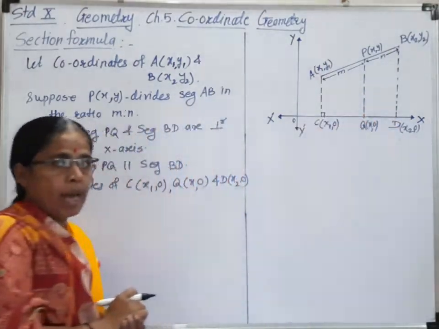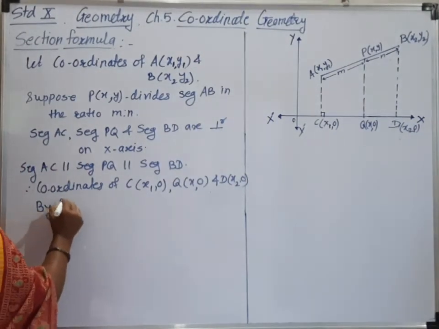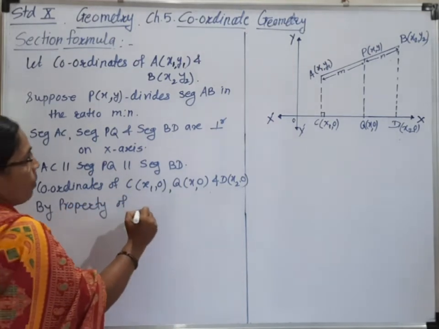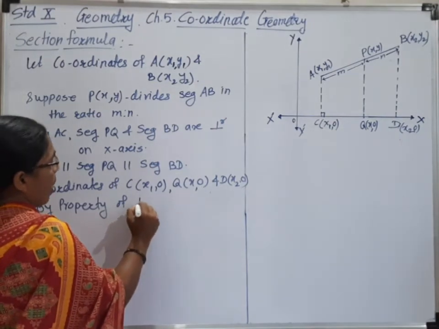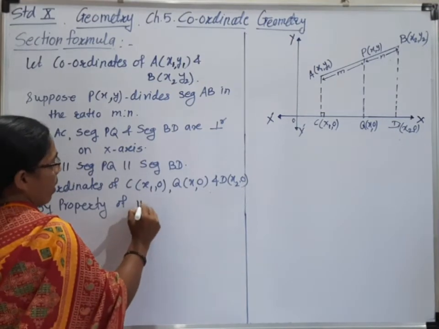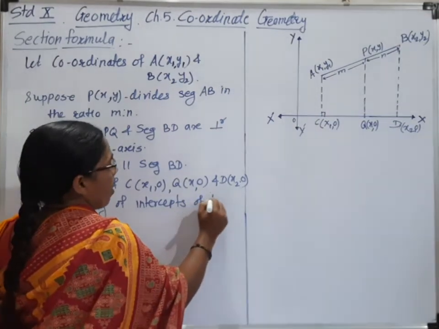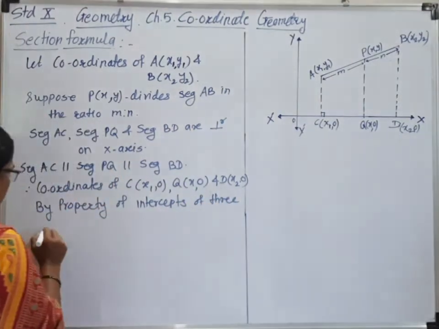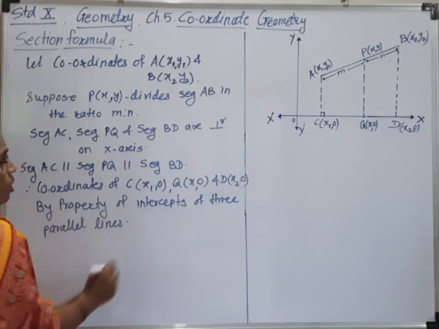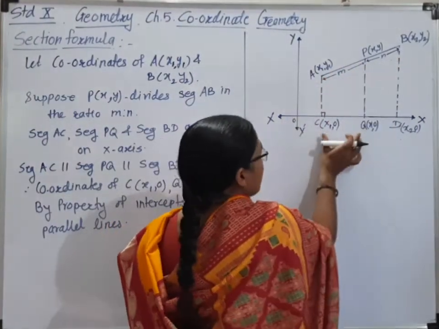Now these 3 lines AC, PQ and BD are parallel to each other, so by the property of intercepts of 3 parallel lines, the ratio of their intercepts is equal. The intercepts here are AP, PB, CQ and QD.